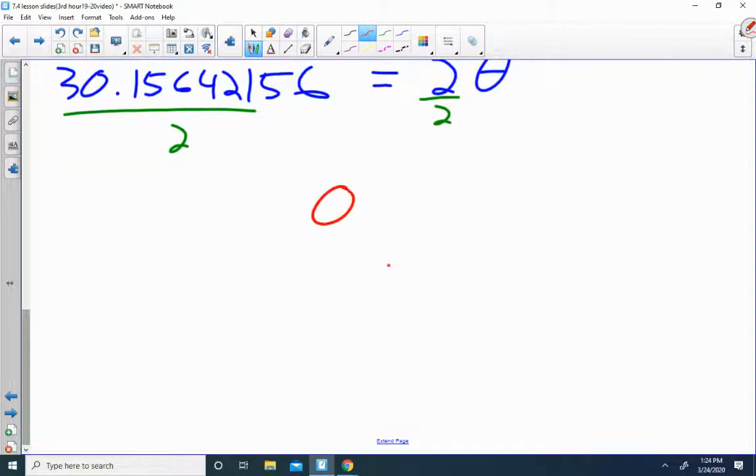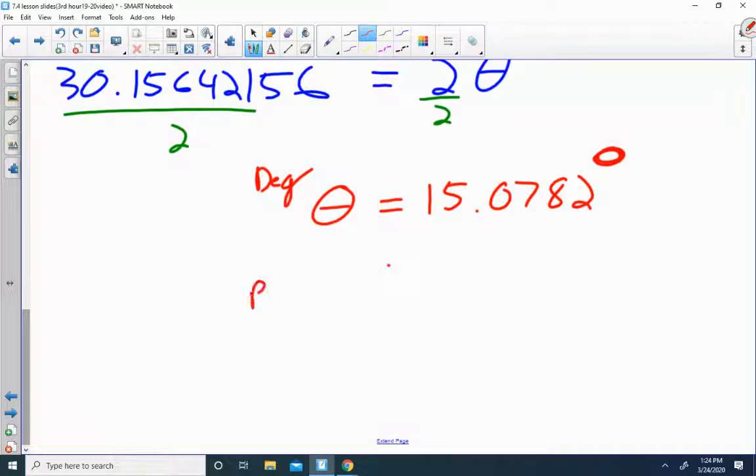Your degree answer shall be 15.0782. Put it in degrees, because again, this is the degree answer. And out of curiosity, if you wanted to see what the radian answer was, the radian answer would have been 0.2632.